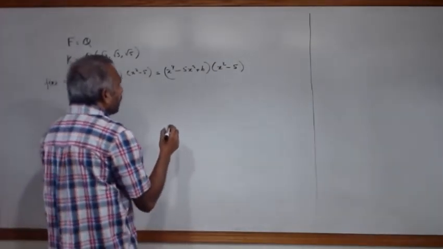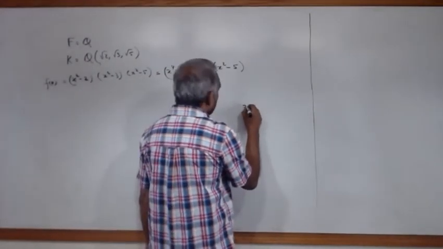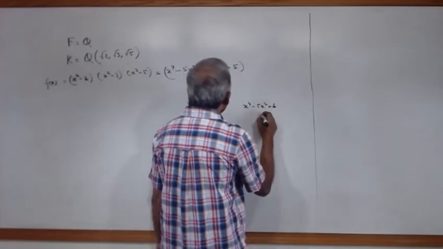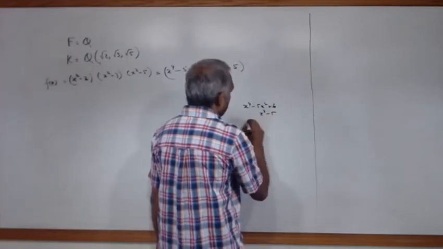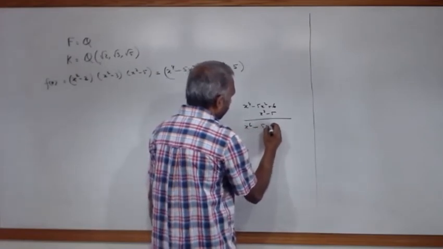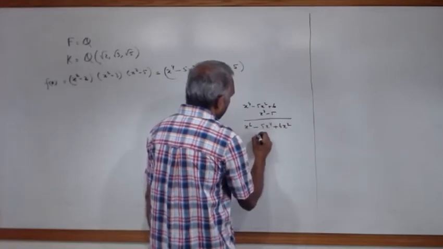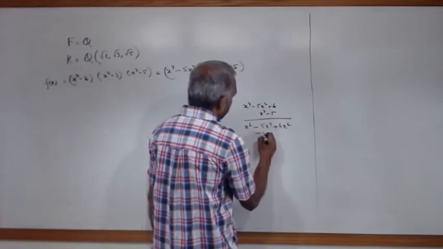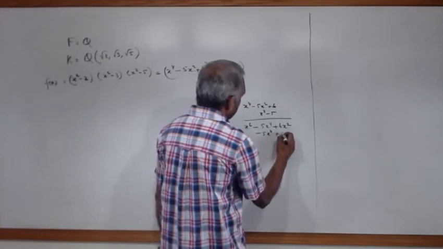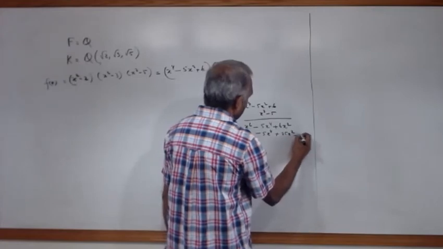So when you multiply that, what do you get? x to the power of 4 minus 5x squared plus 6, times x squared minus 5, gives x to the power of 6 minus 5x to the power of 4 plus 6x squared, minus 5x to the power of 4 plus 25x squared minus 30.